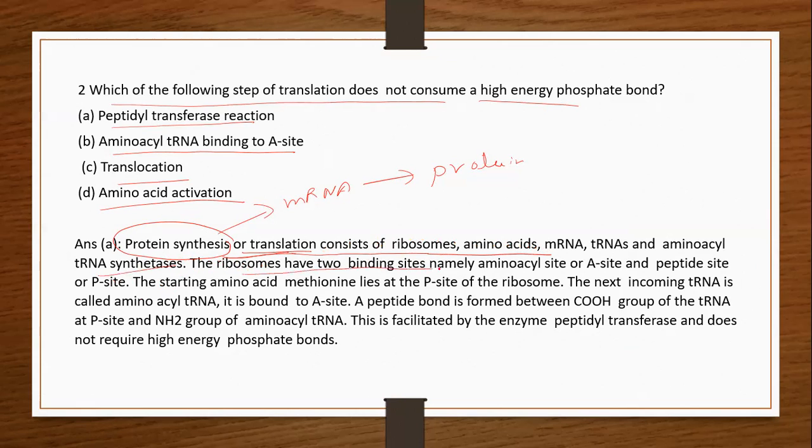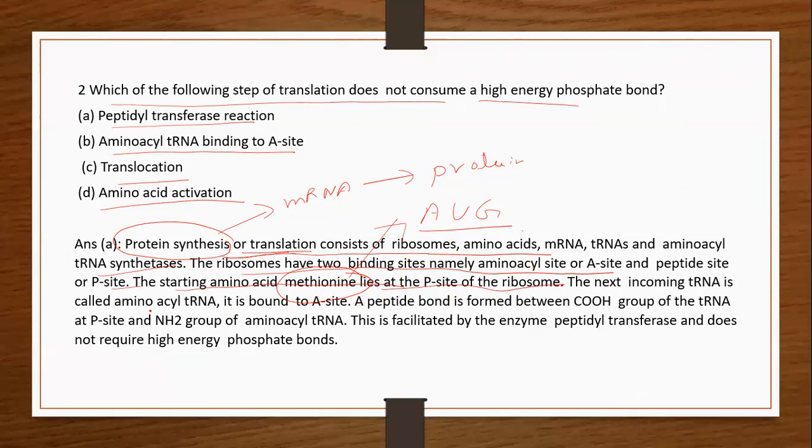Ribosome, we know it has two binding sites, namely amino acyl site or A side and peptide side or P side. Now, the starting amino acid methionine is coded by AUG codon, and it is the starting codon which initiates this translation. So it lies at the P side of the ribosome.